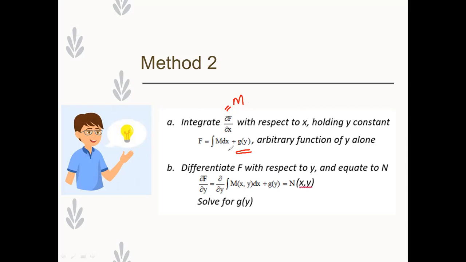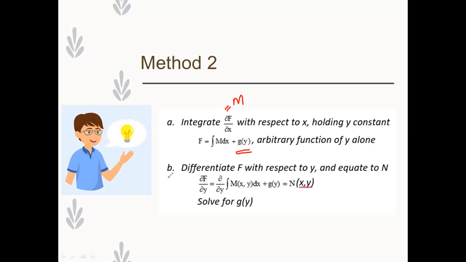Because you are going to integrate partially with respect to x, holding y constant, you will have a specific answer here, and you will have a g of y in here. You cannot write the solution of your differential equation with a g of y, because when we speak of g of y, it's generic. We don't know what it represents. All we know is that it's a function of the variable y. So how do we get g of y?